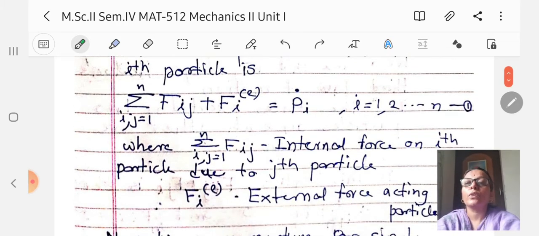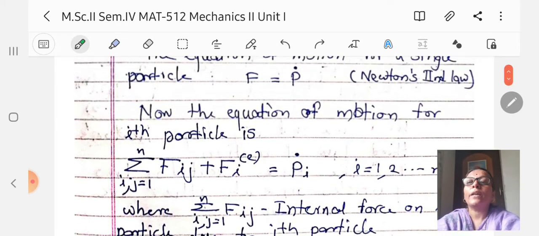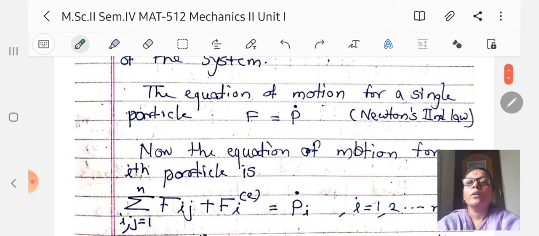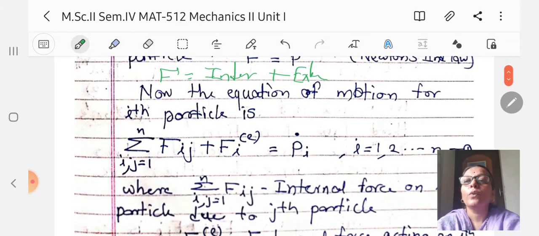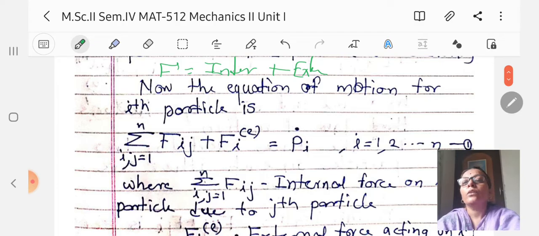Suppose this is equation first: for a single particle F equal to P dot, and we can write F equal to external force plus internal force. Therefore for the ith particle we can write summation over j from 1 to n of Fij plus Fie, where Fij is the internal force and Fie is the external force, equal to Pi dot.